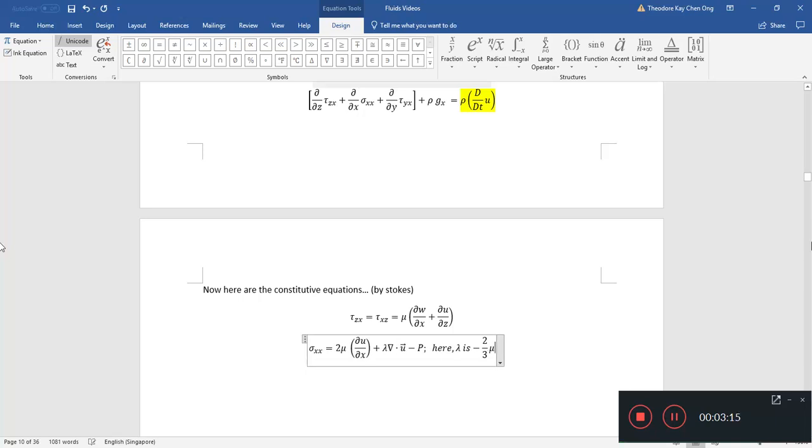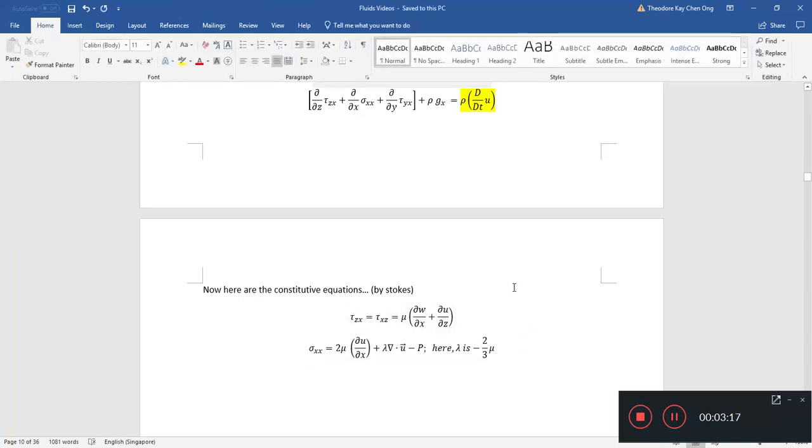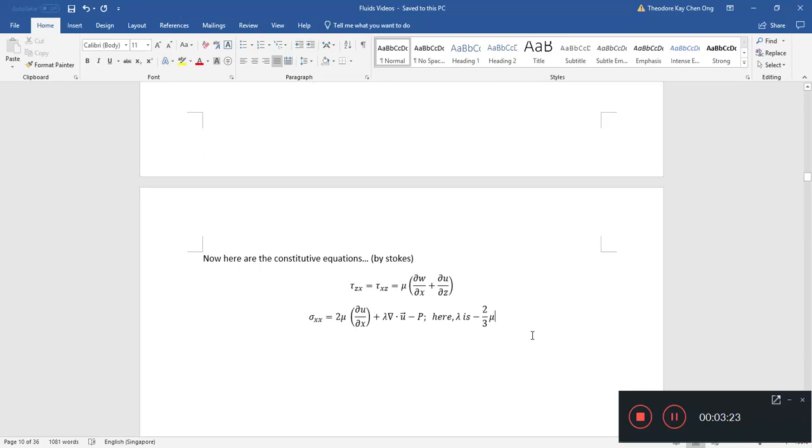Now you might be asking, where did this all come from? If you really want to know where this comes from, there is another complicated set of derivations that we must do in order to derive all these equations out one by one, slowly. And there are some experiments that go on to determine what this value of lambda is.